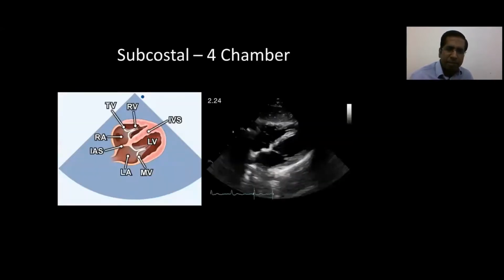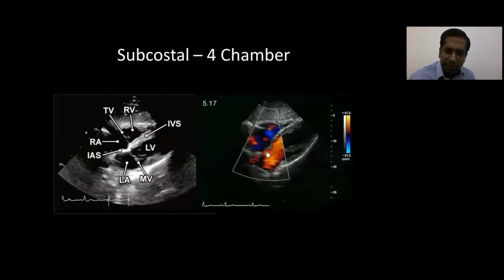This is a subcostal view. And here, as you can see, this is a good view to see the interatrial septum. And what you can see here is the interatrial septum, because the ultrasound beam is nice and perpendicular to this particular interatrial septum. So you can look at color flow also. This is one of the main utilities of using the subcostal four-chamber view for the interatrial septum.